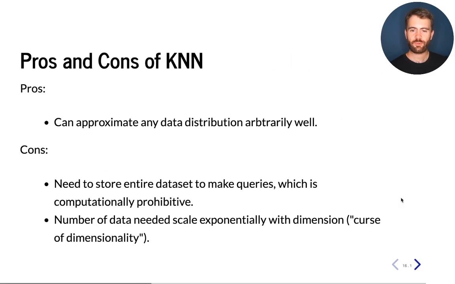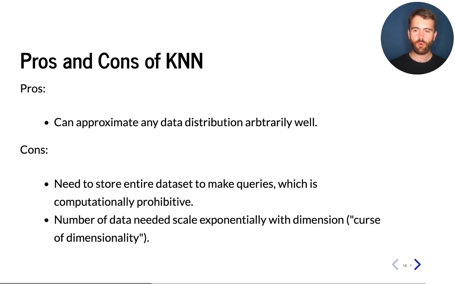Now, finally, I just want to briefly mention some pros and cons of K-nearest neighbors. Its most interesting advantage is that it doesn't assume any restrictive form to the model. It always uses the entirety of the data set. And so if we have a lot of data, then we don't need to restrict ourselves to any kind of form for our model, like a straight line or a polynomial of a certain degree.